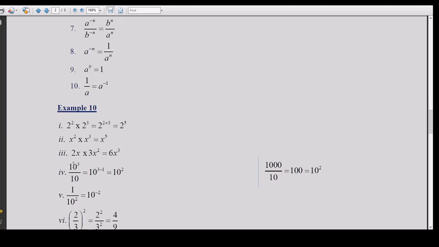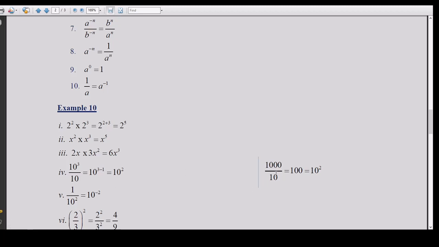Next example is 10 cubed divided by 10. 10 has power 1. You can write it as 10^(3-1), that is 10 squared. Here on the right side I've shown you, 10 cubed is 1000. 10 multiply 10 is 100, 100 multiply 10 is 1000.